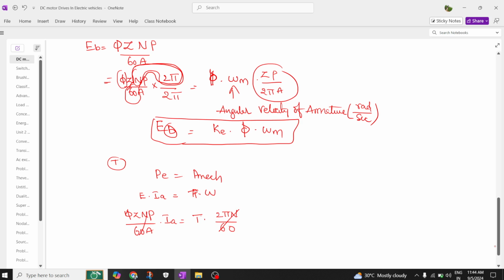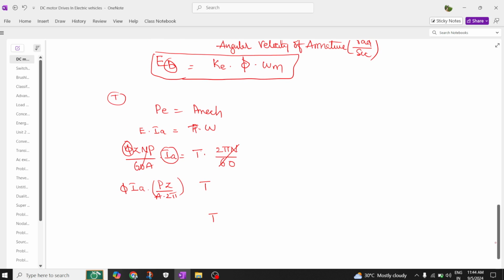Now I am separating flux and IA. Therefore torque is equal to flux into IA multiplied by the left terms: PZ divided by 2 pi A, which we are going to call K E. So the torque produced by a DC motor is Ke into flux into Ia.